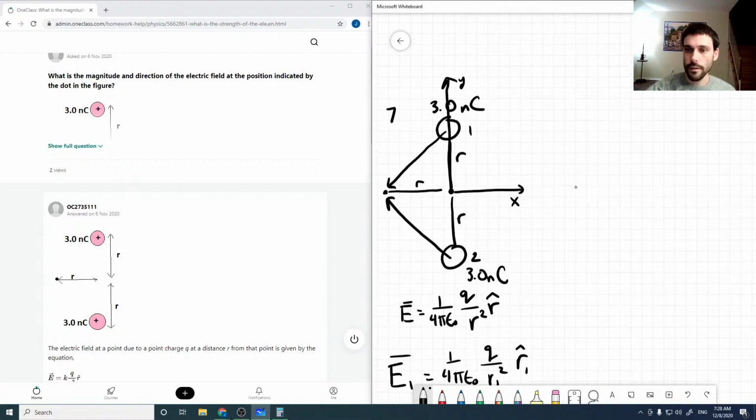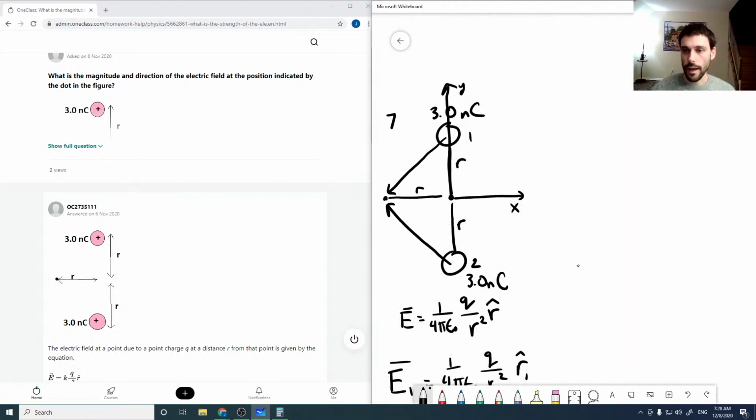Looking at the figure, our r1 vector from this position is minus r x hat minus r y hat, and our r2 vector is minus r x hat plus r y hat. So these are from the positions of the charges, not from the origin.